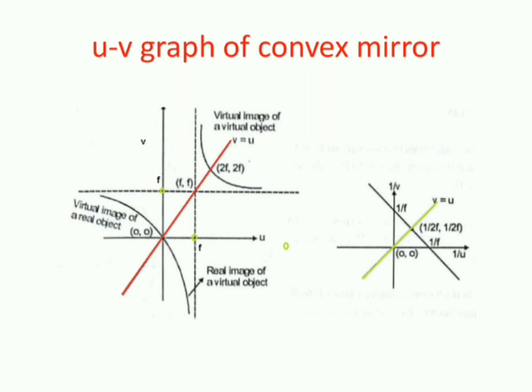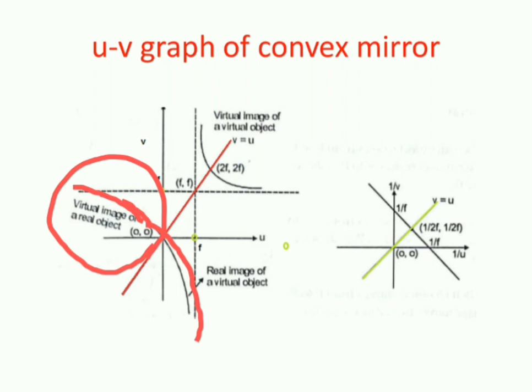Here you have virtual image of a real object. This line is representing the virtual image for a real object. It is passing through the center and we are continuing this line. So this part of the line or the curve will give you the nature of virtual image and real object. Only this part you can practically check.